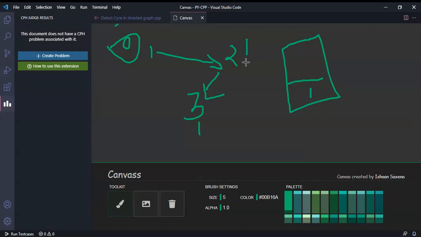If the in degree becomes 0, then we'll push that value in our queue. So we have checked 1, and we have decremented the in degree of 2 to 0. Since this in degree is 0, we will push that node in our queue. So here it is 2.